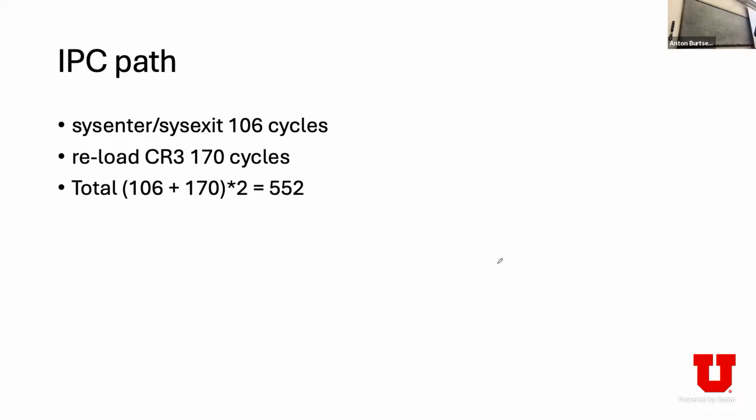If you do it twice, because you have two processes running and you're doing a remote invocation style, you enter the kernel once, then this guy does something, and then it replies. So you do sysenter and sysexit twice, and switch the page table once on the way here and once on the way back. At the very minimum that puts you in the neighborhood of 552 cycles, right?